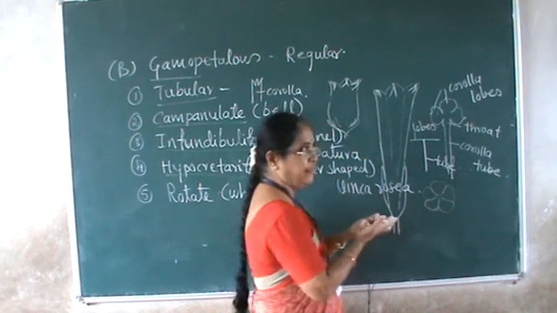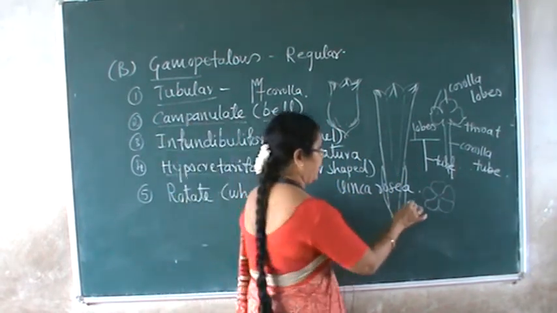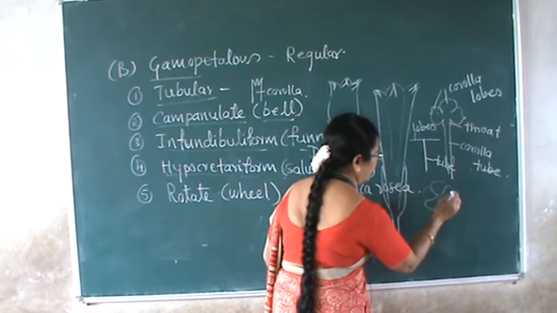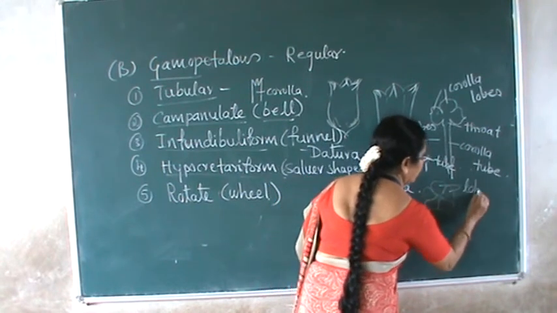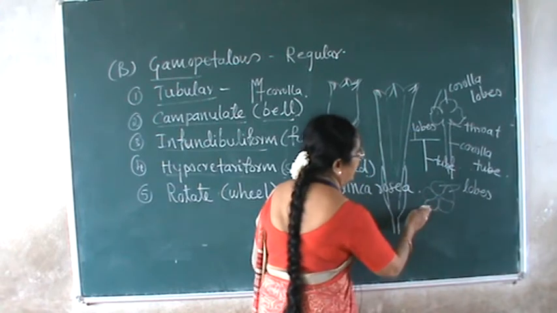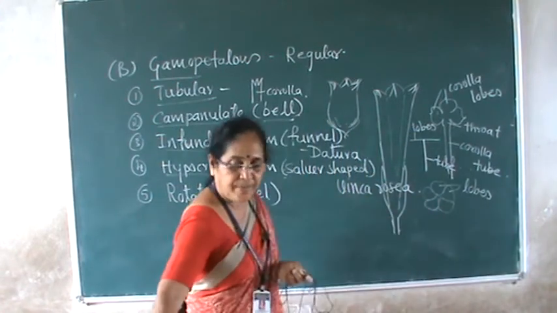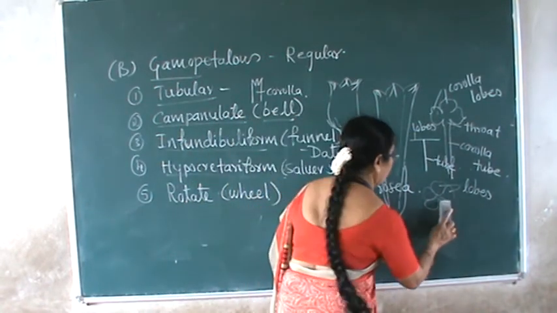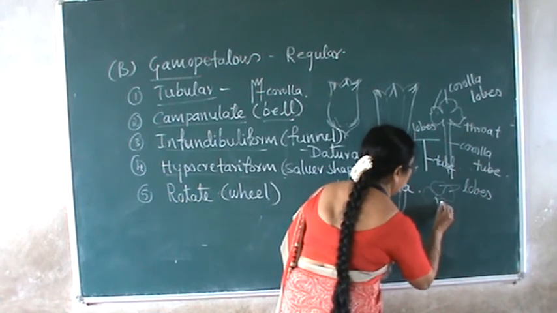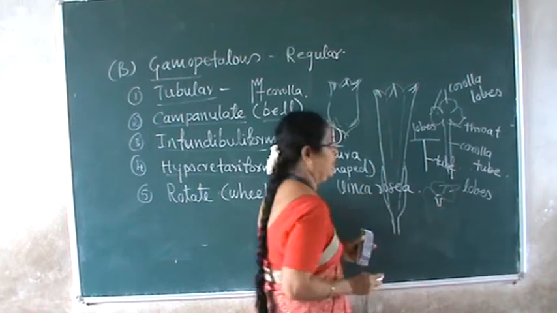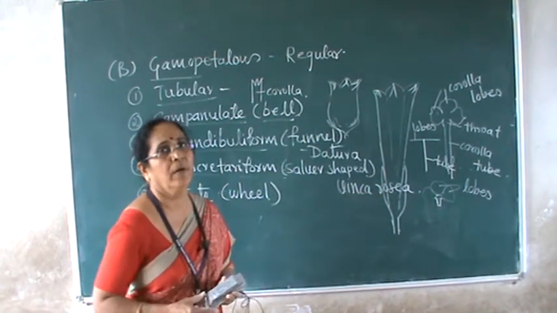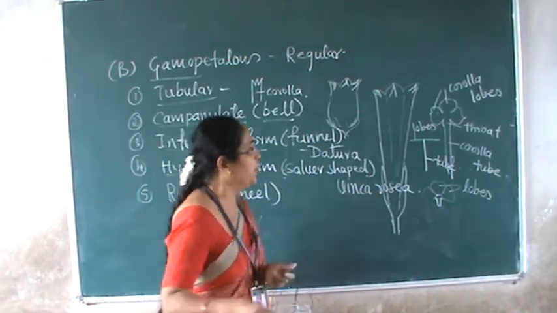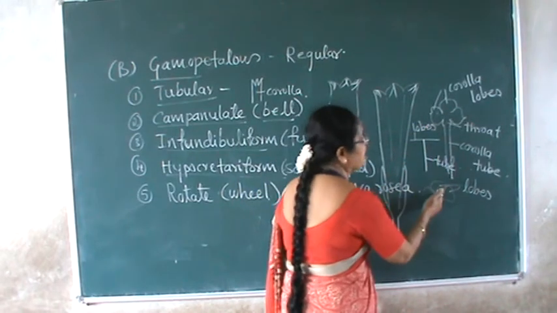These are the lobes which spread in the outward direction. These are the corolla lobes. And if you cut this, you will get a tube which is extremely small, only this much. Okay, very small tube.